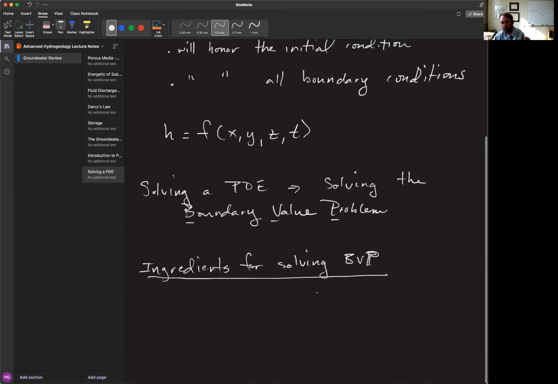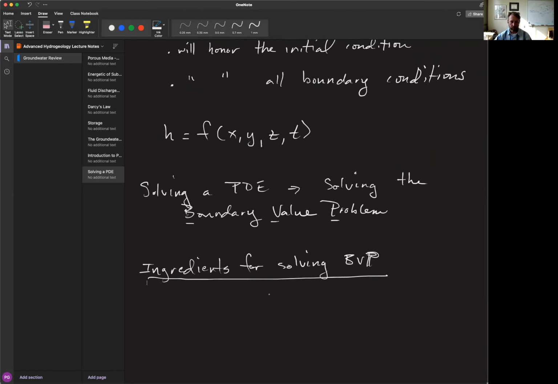Anytime you want to solve a boundary value problem or a partial differential equation, you need these ingredients. The first is a domain of interest, like, in our case, an aquifer, a particular aquifer.